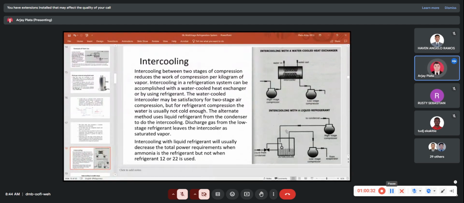Intercooling in a refrigeration system can be accomplished with a water-cooled heat exchanger or by using refrigerant. The water-cooled intercooler may be satisfactory for two-stage air compression, but for refrigerant compression, the water is usually not cold enough. So the alternate method uses liquid refrigerant from the condenser to do the intercooling.